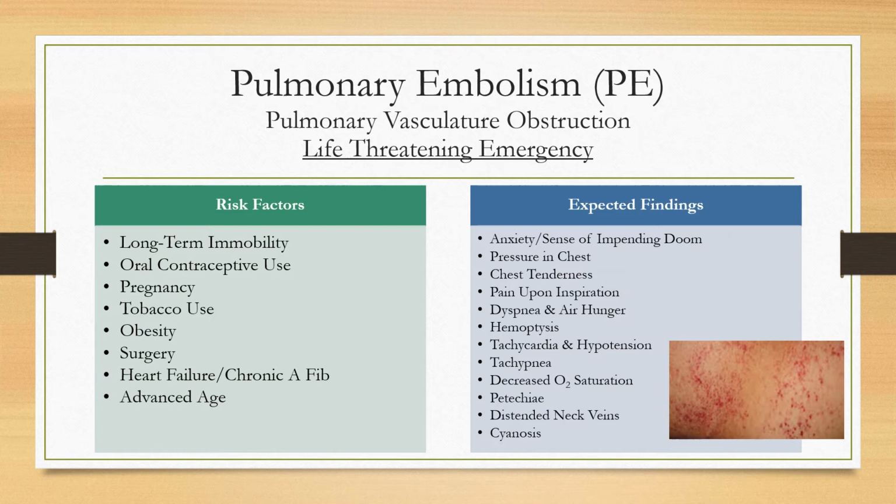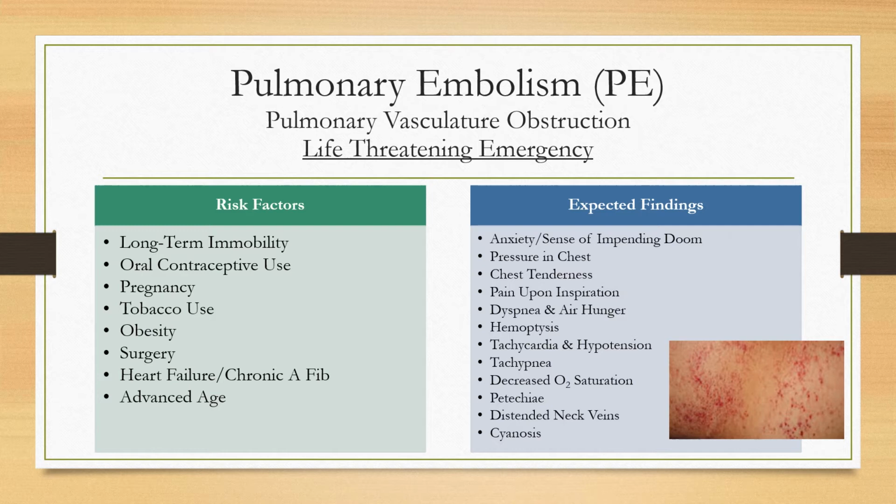Decreased oxygen saturation because the blood is now blocked from going to a portion of the lung that had air there. So it has to go around there and get back to the left side of the heart. So they can have decreased O2 sats because deoxygenated blood is getting back to the left side of the heart.